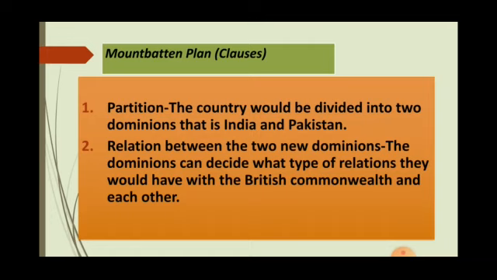What type of relations should be maintained between the two new dominions and with the British Commonwealth? The dominions can decide what type of relations they would have with the British Commonwealth and each other.